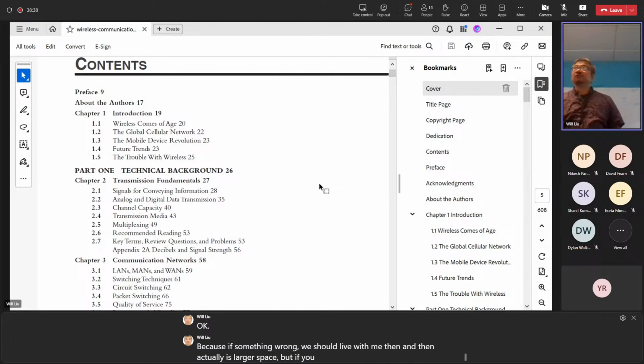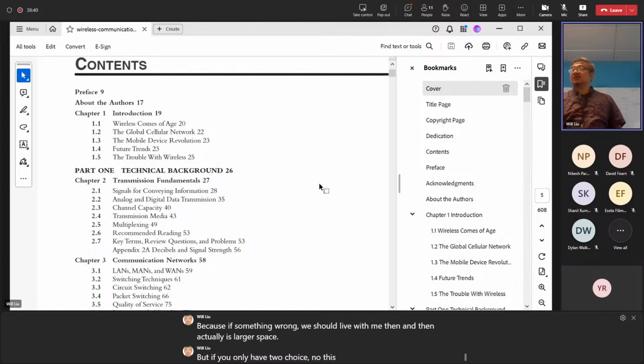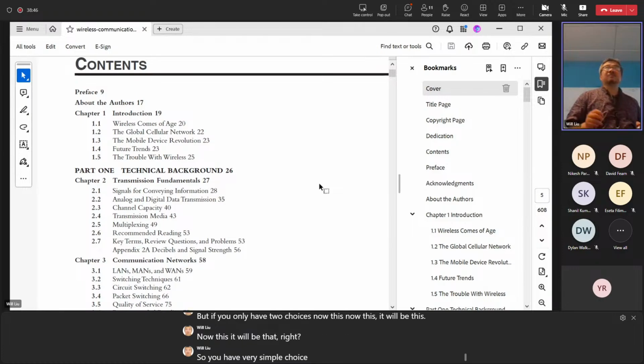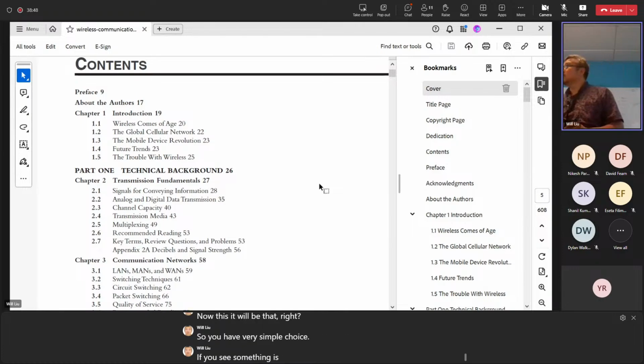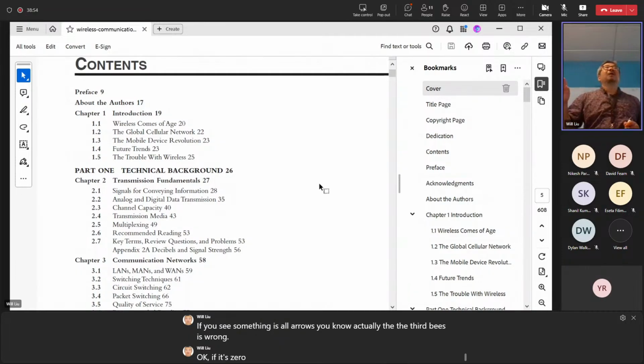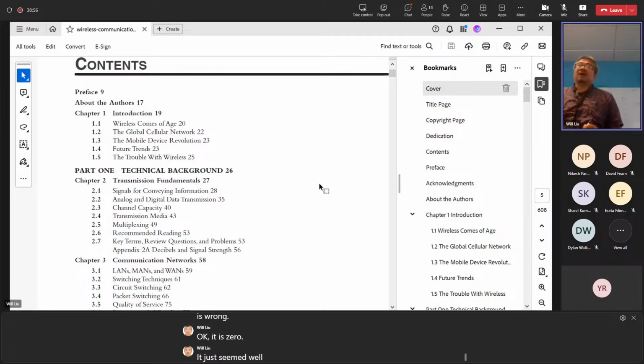But if you only have 2 choices, now this, it will be this. Now this, it will be that, right? So you have a very simple choice. If you see there is an error, say the 3rd bit is wrong, if it's 0, you just change it to 1. If it's 1, you just change it to 0.